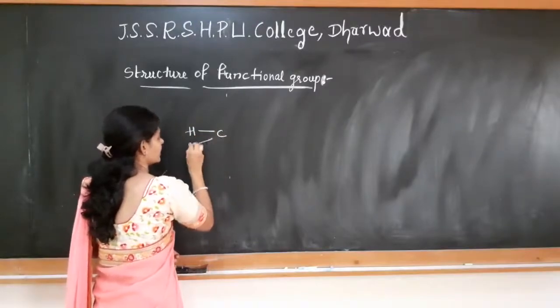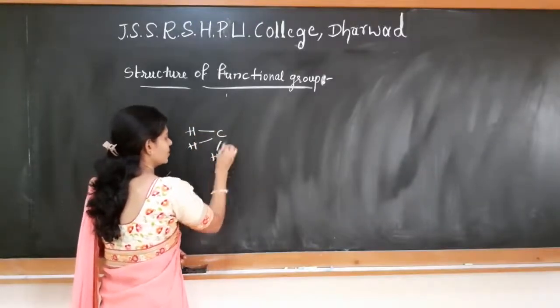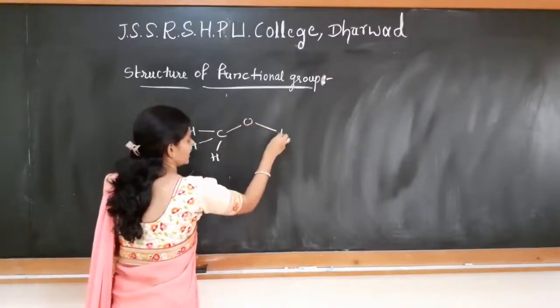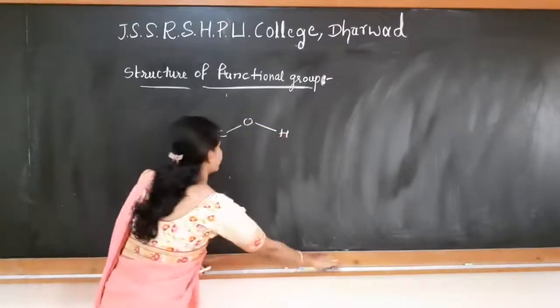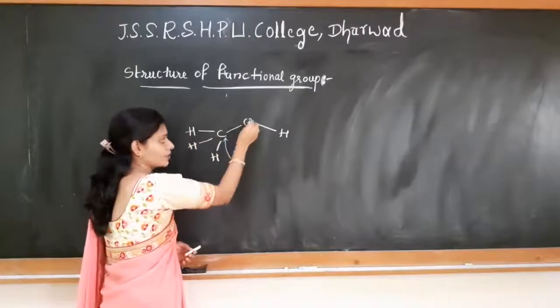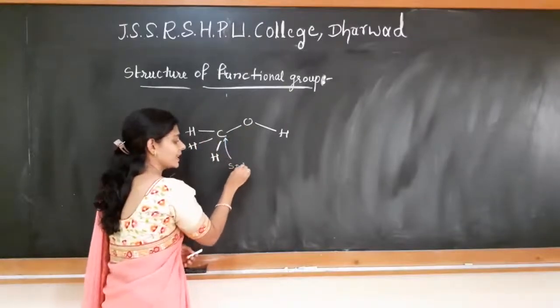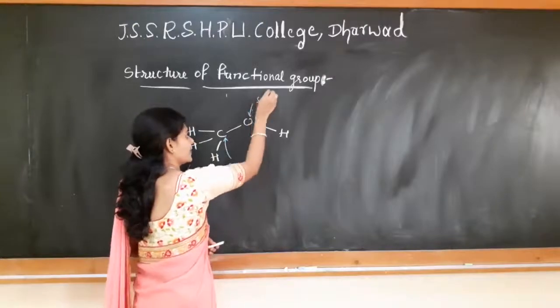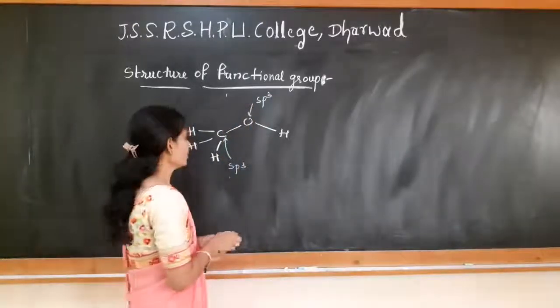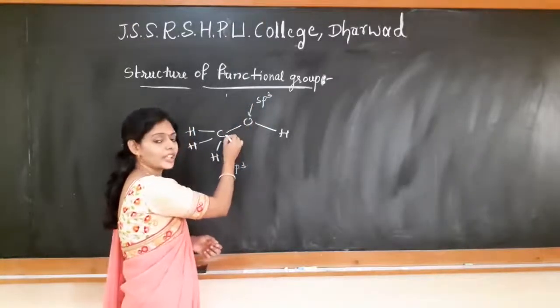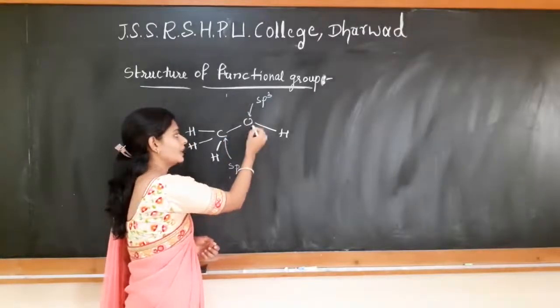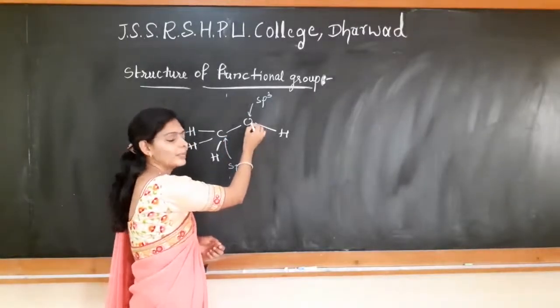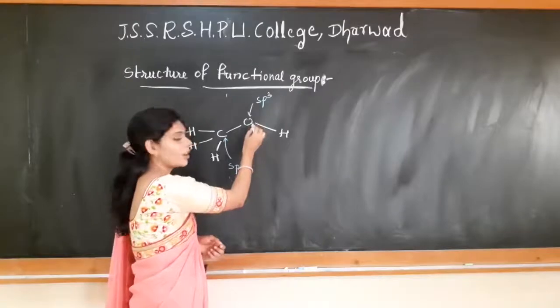So if I take an example of methanol, the first member of the alcohol series, CH3OH, here the carbon which is attached to the oxygen is sp3 hybridized, and even this oxygen is sp3 hybridized. So one sp3 hybrid orbital of carbon overlaps with one sp3 hybrid orbital of oxygen.